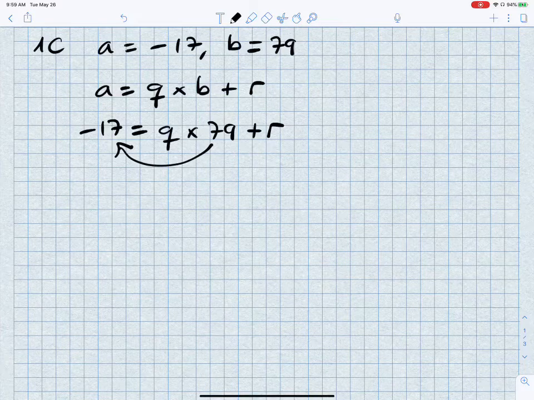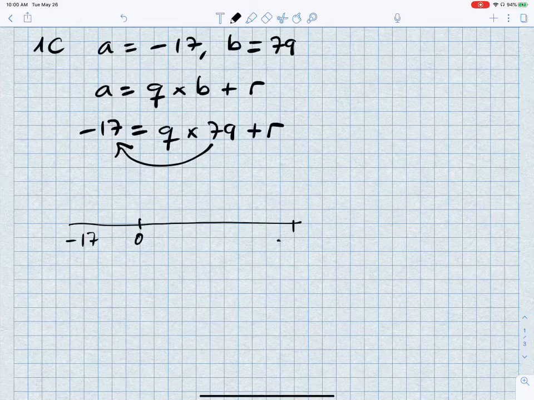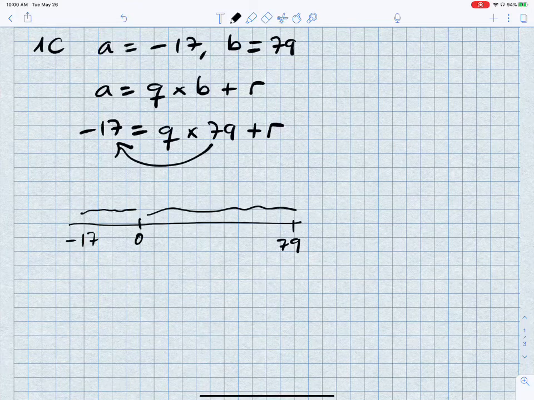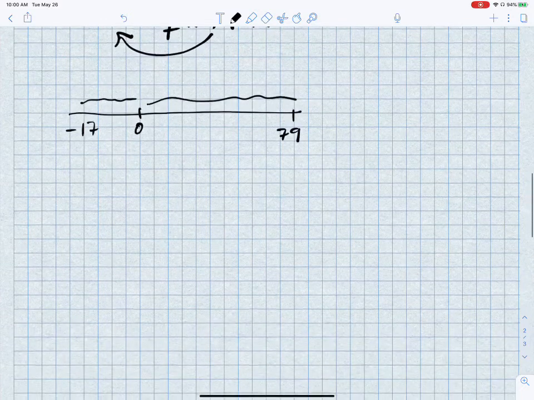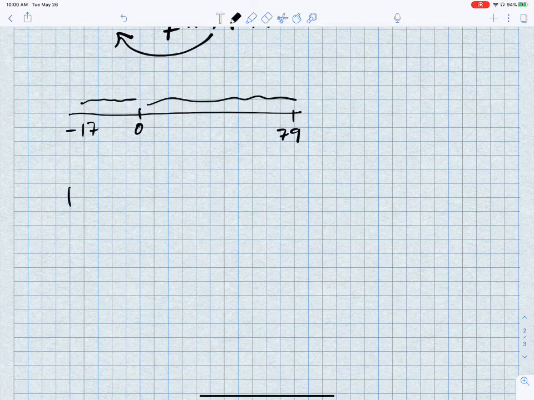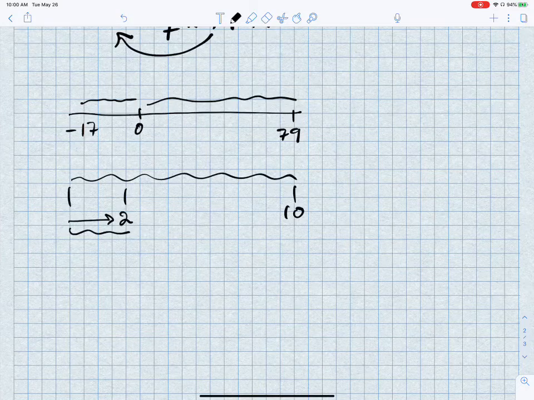Well, one way to think about it is that if you have all the integers here, where you have minus 17 here, we have a 0 somewhere around here, and then we have 79, right? We need to know how many times 79 goes into minus 17. So if these were whole numbers, say you have the number 2 here, and you're asking how many times 2, this distance, would go into that total distance?